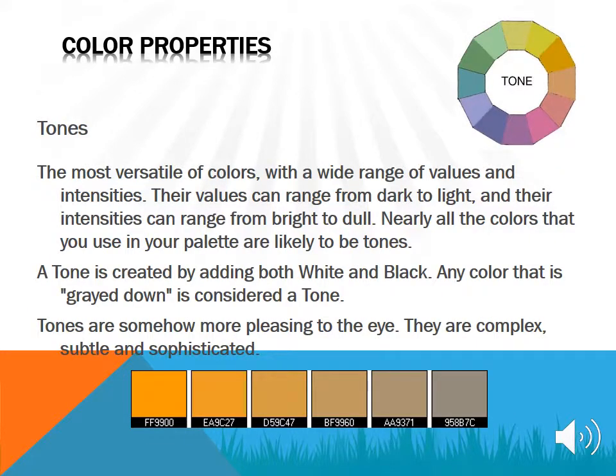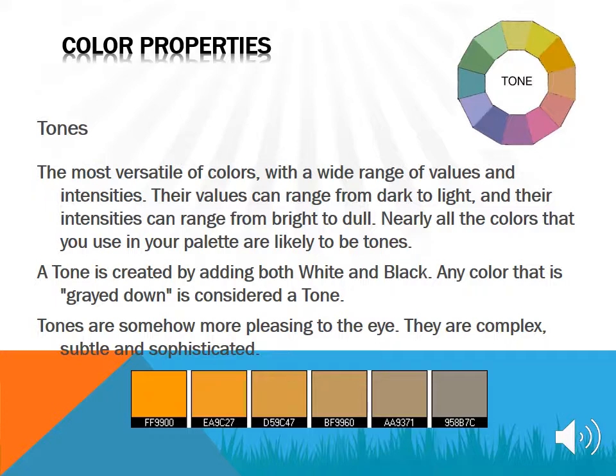Tones are the most versatile of colors, with a wide range of values and intensities. Their values can range from dark to light, and their intensities can range from bright to dull. Nearly all the colors that you use in your palette are likely to be tones. A tone is created by adding both white and black.